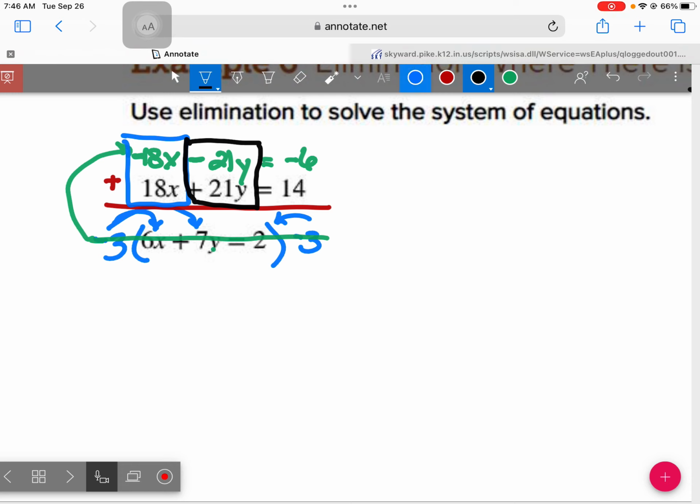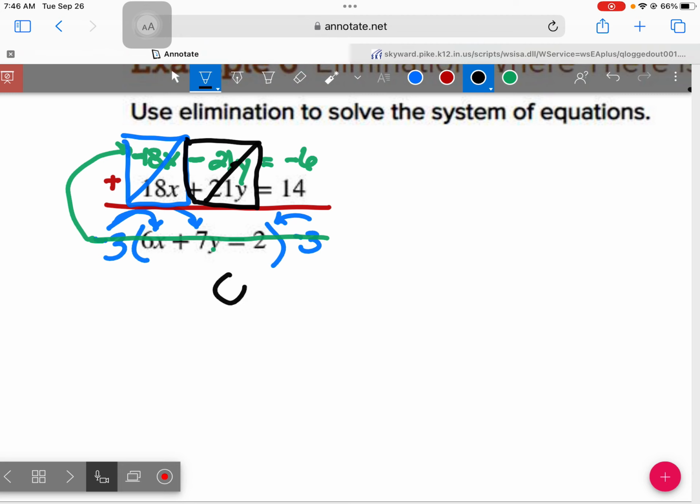So when I cancel these out, I have to show something though. When I cancel them out, what do I really have left on the left-hand side? What do I have on the left-hand side when those cancel? No, the left side. What is negative 18x plus 18x? 0.